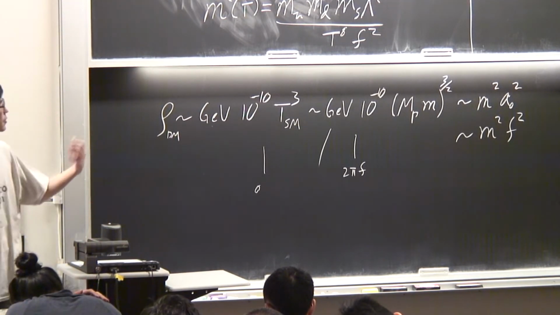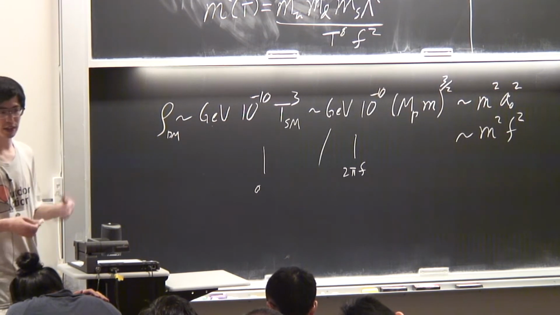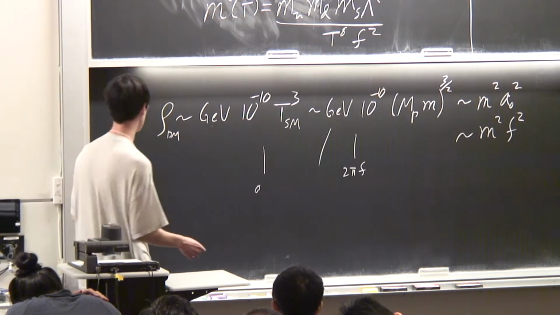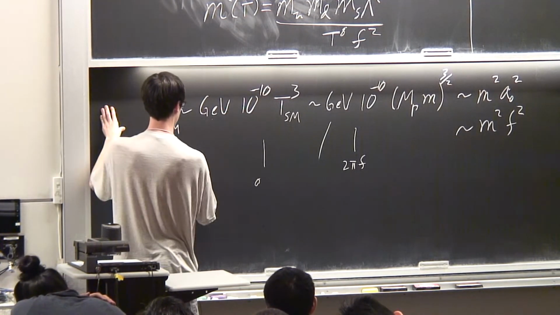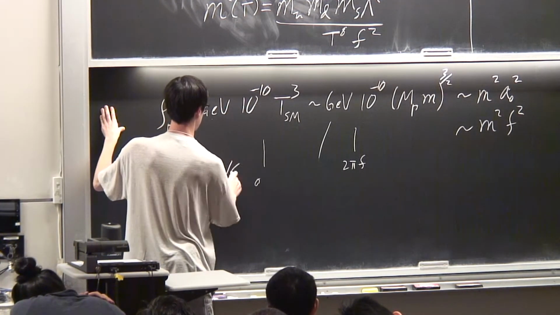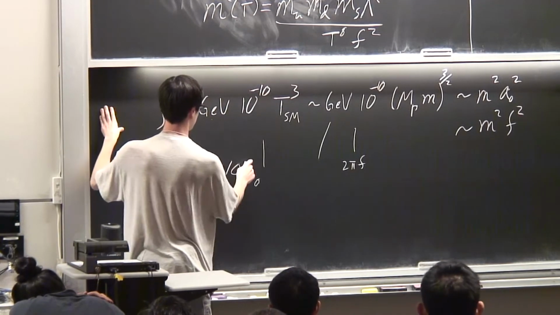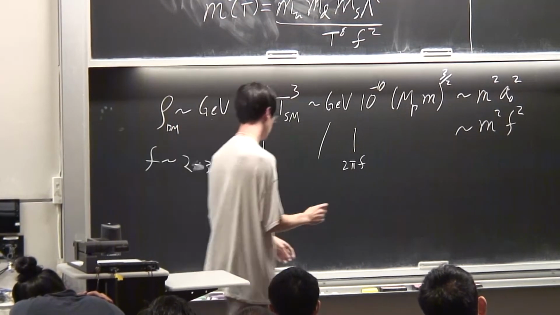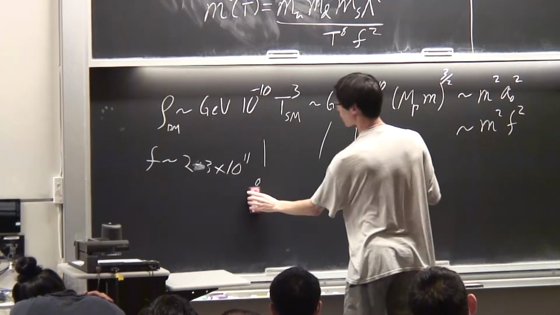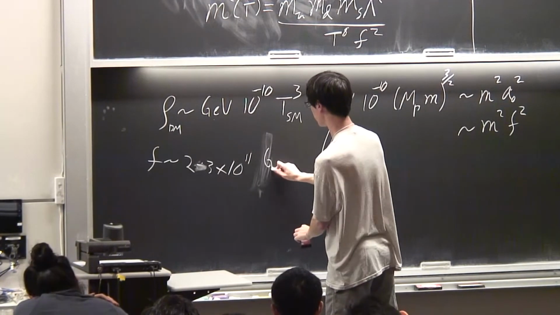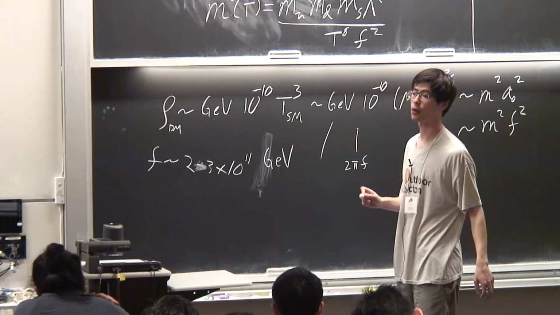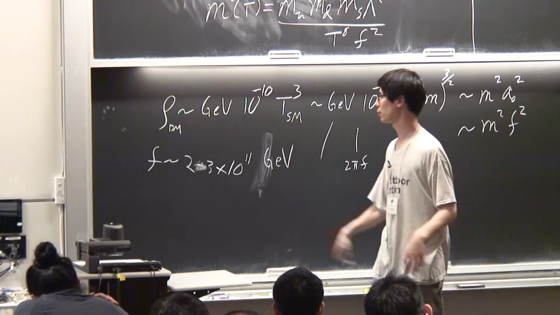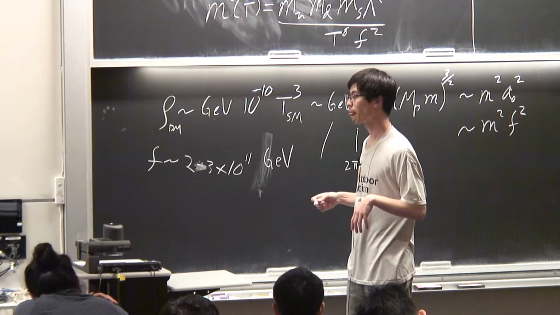And when you do this, you get that the axion dark matter abundance is matched when F is about 2 or 3 times 10 to the 11 GeV or so. And so this is the sort of instanton estimate for when you get dark matter axions.